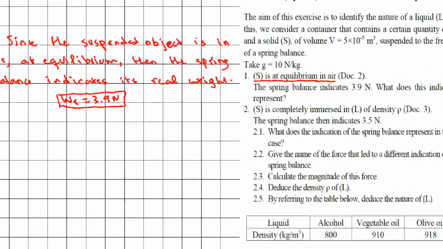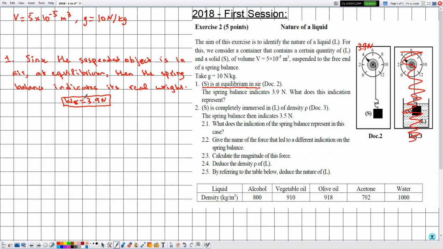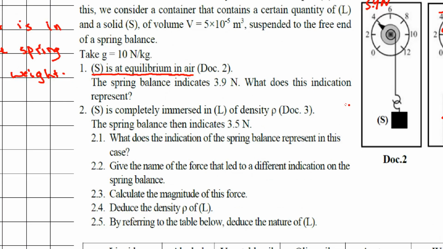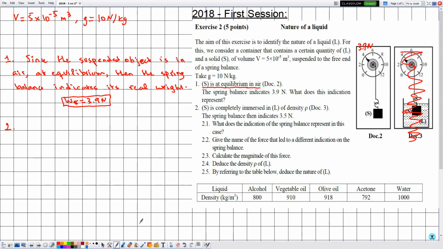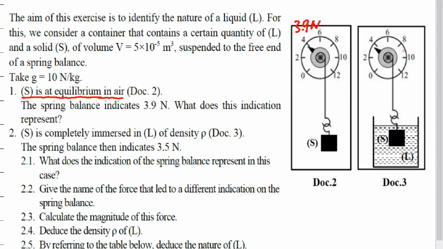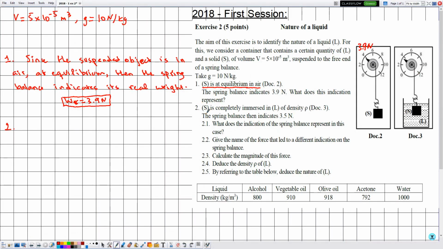So this is R for real. And now in number 2, S is completely immersed in L of density rho, document 3. So they mentioned document 3, then now we can use it. Here S is completely immersed in L, this is important.